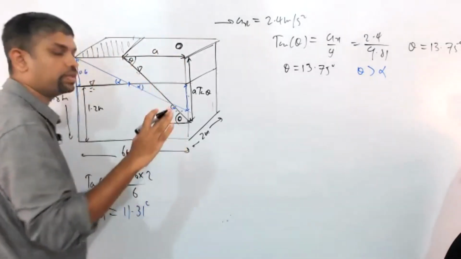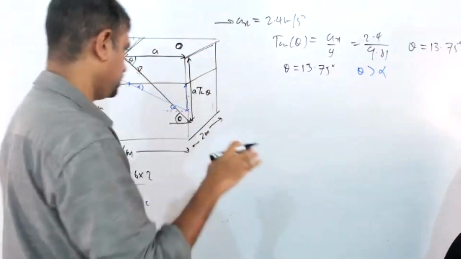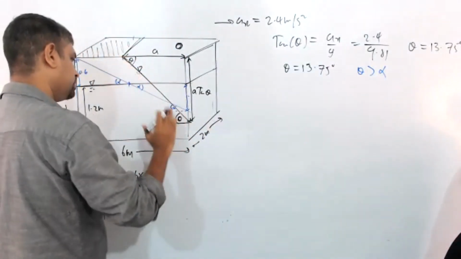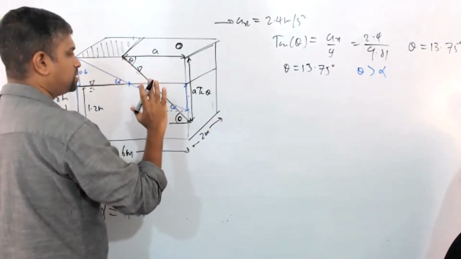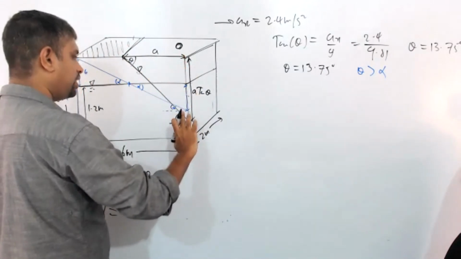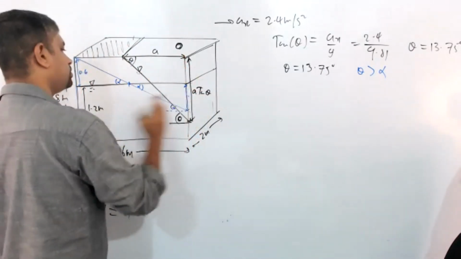If this is possible, we have to assume this, right? Because there can be another case. If this is acceptable, A tan theta must be a value less than 1.8.